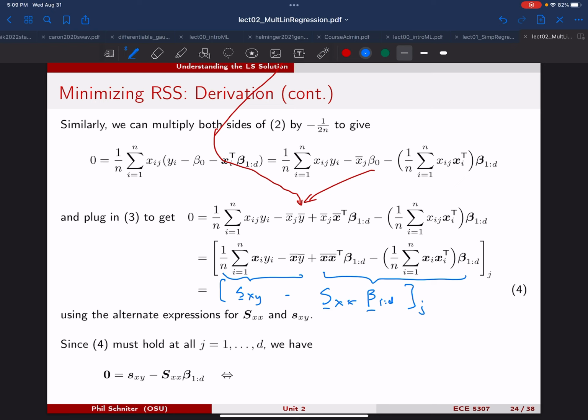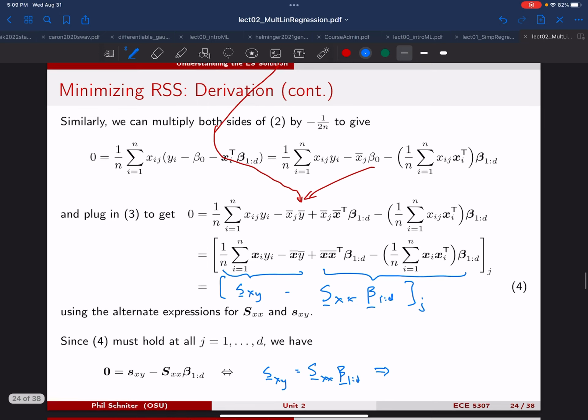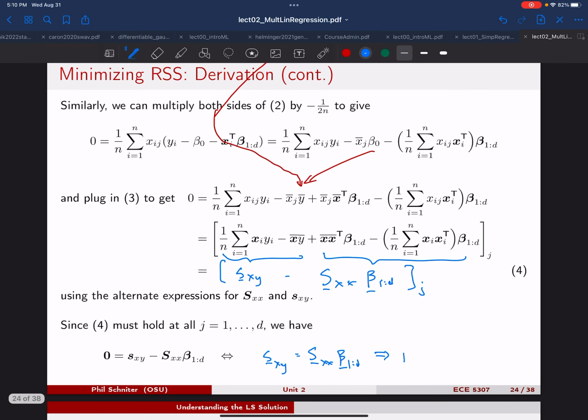We can write this equivalently as SXY equals SXX beta 1 through D. And if this is invertible, we finally get beta 1 through D is SXX inverse times SXY. So this is if SXX is invertible.